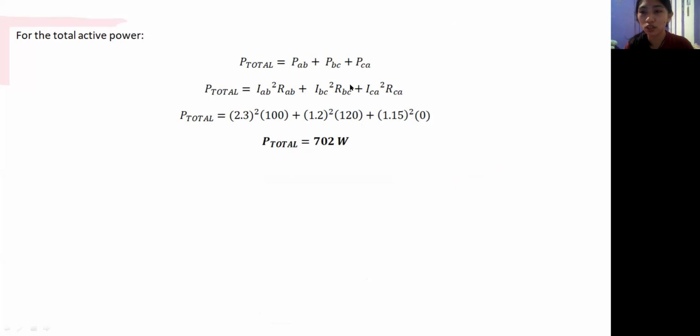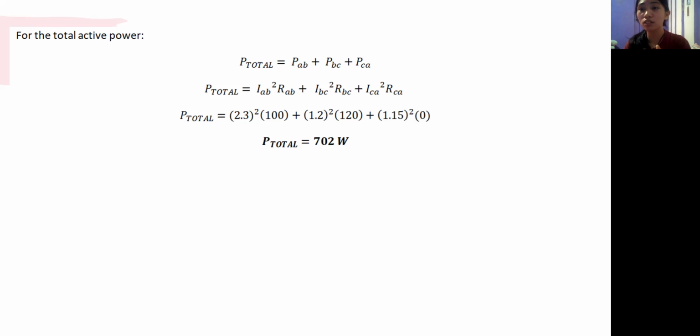So P total is equal to PAB plus PBC plus PCA. We'll use the formula for power, which is I squared R. So you'll have IAB squared RAB plus IBC squared RBC plus ICA squared RCA.